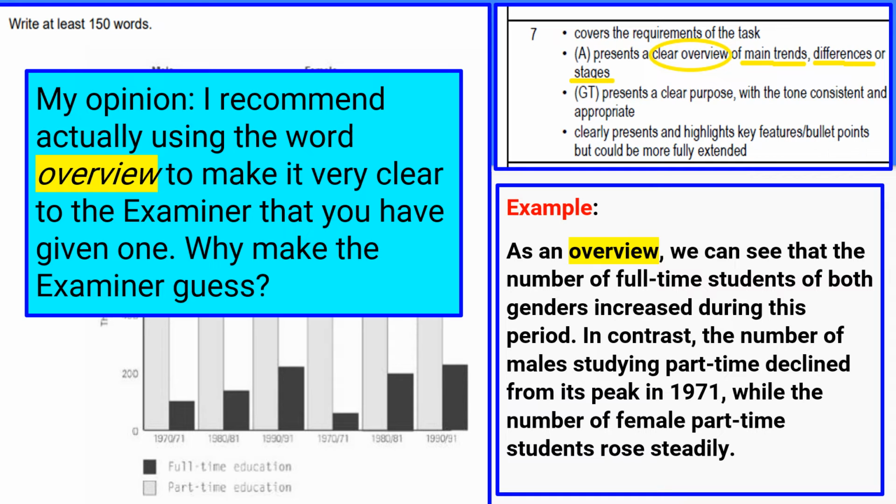Because a clear overview is necessary to score a band 7, why make the examiner guess whether you've given an overview? My opinion is that you should make it very clear to the examiner by actually using the word overview.